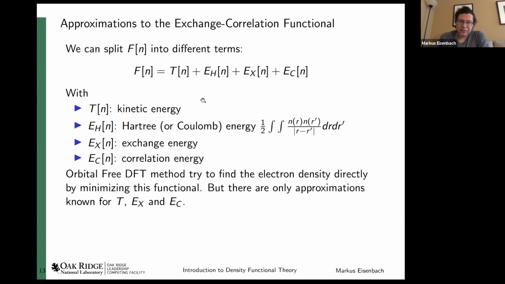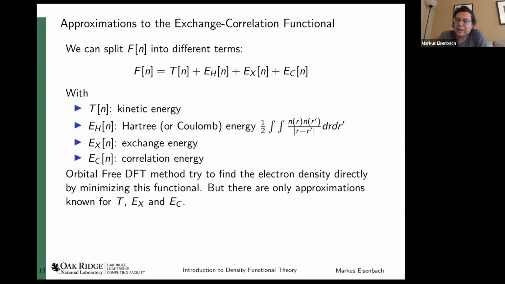So we have the kinetic energy term, the Hartree or Coulomb energy term, which is basically the electrostatic energy of the charge density with itself, and then exchange and correlation terms, which contain basically all the many-body effects that come from the fact that we're dealing with fermions, and also that we have actually an overcounting of interaction in this Hartree term here, because it also contains electrons interacting with themselves.